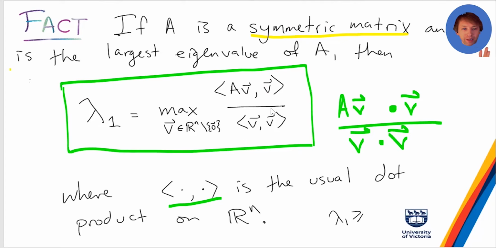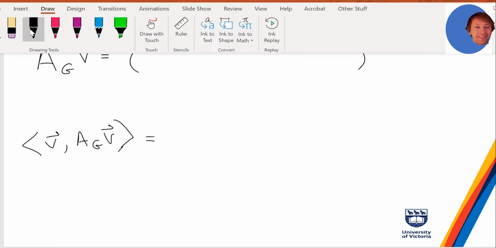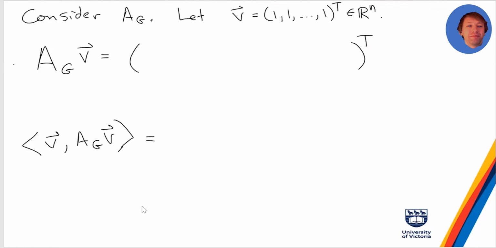The fact that it's dividing by v dot v doesn't really matter, because you can just think about unit vectors and everything's the same. I want to take a vector where this is large, and then I'll have a lower bound on lambda 1. Here's the vector I'm going to take. It's not a very inventive one, but I'm just going to take the all ones vector.